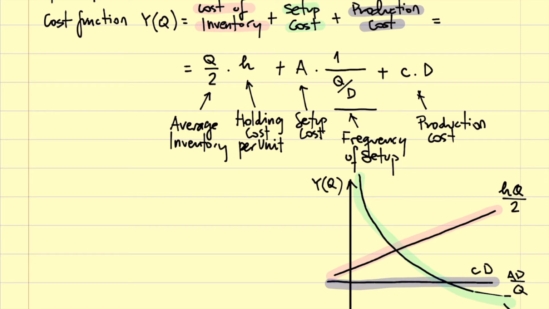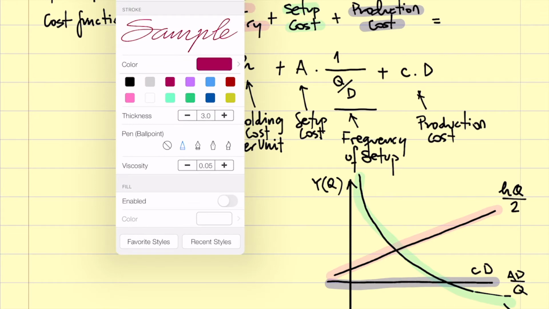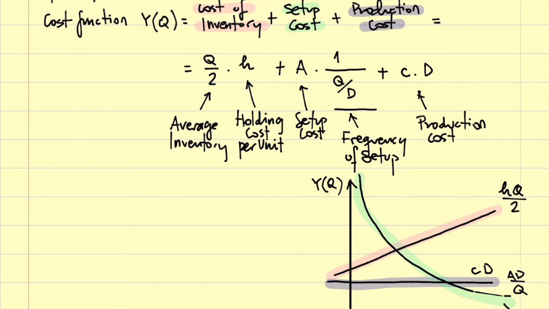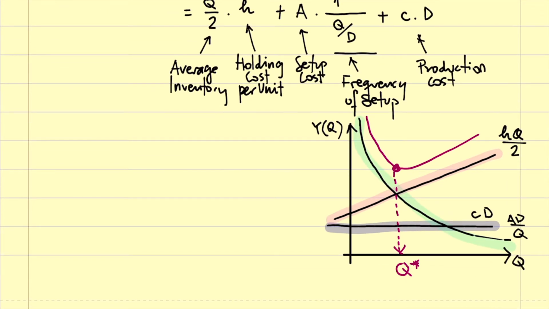Okay, the production. If we add up all these functions, we get epsilon of Q. Let me paint another color. A function that has a minimum in the optimal economic order quantity.